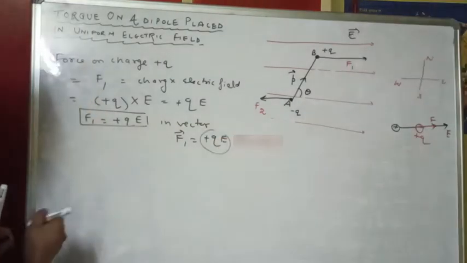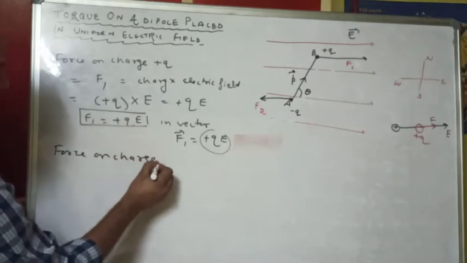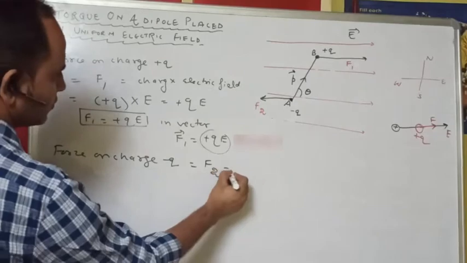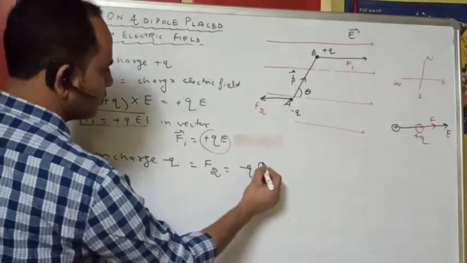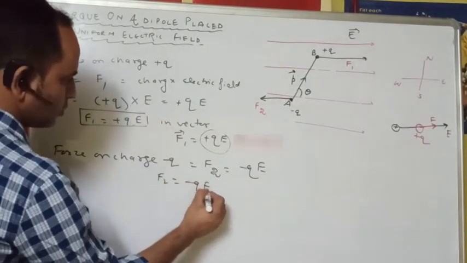In the same way, let us find the force on charge minus q. It is shown by the symbol F2 and it will be the product of charge and field, so F2 is minus qE.